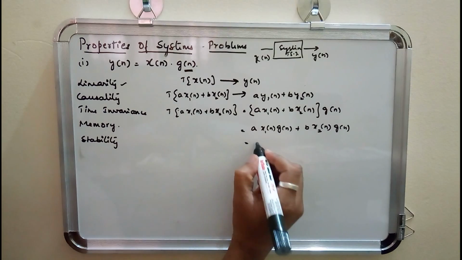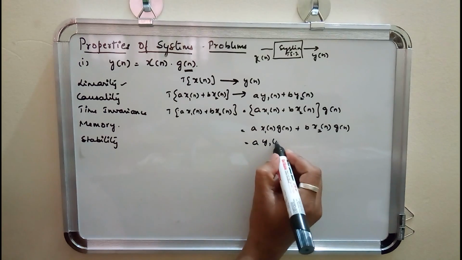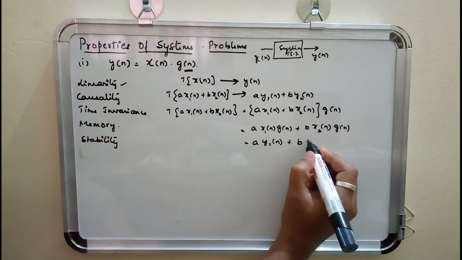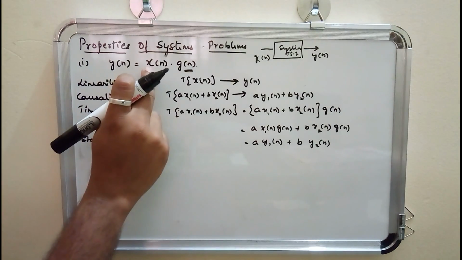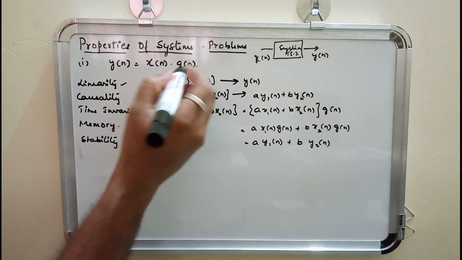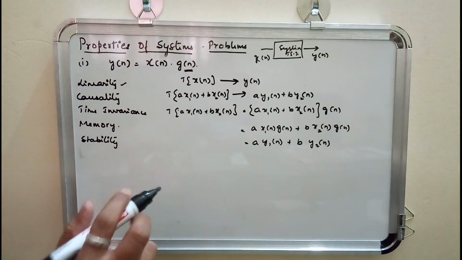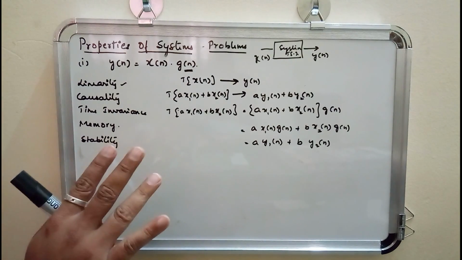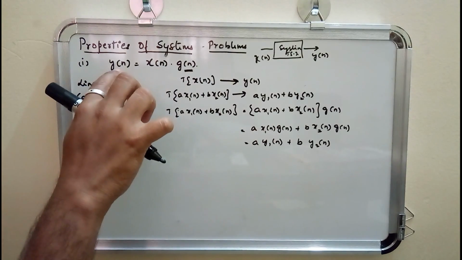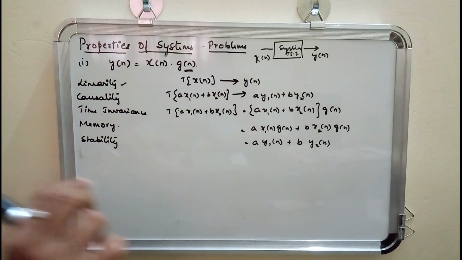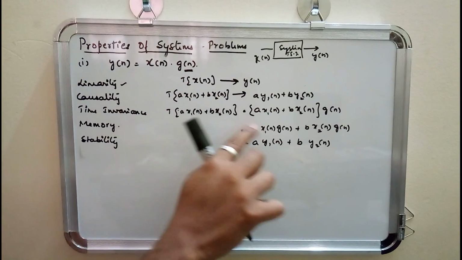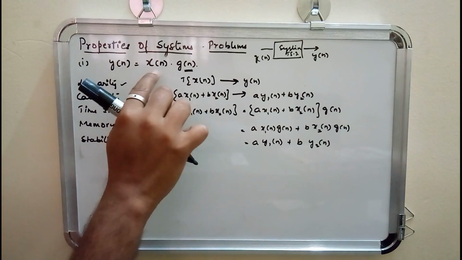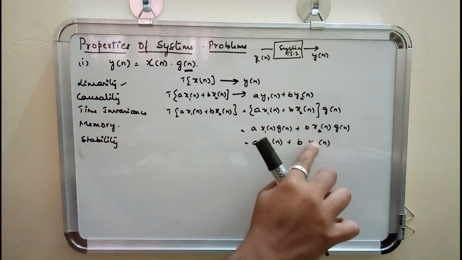This is nothing but a into y1 of n plus b into y2 of n, because y of n gave you x of n into g of n. G of n is a constant, so it is independent of the changes in y or x. So y1 of n will give us x1 of n into g of n, and y2 of n is x2 of n into g of n.